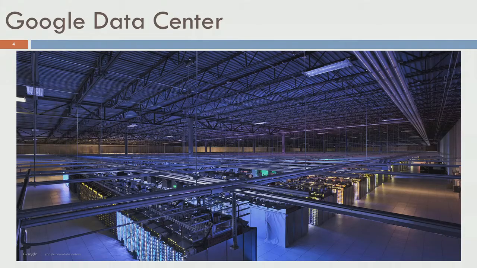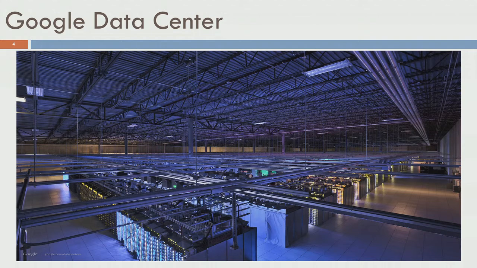So, in 40 or 50 years, computers have moved quite far away from the first notion of a digital computer. In this picture, you can see Google's data center. It is one of the data centers that they have across the world, and what you are seeing is racks and racks of machines crunching data, running algorithms and running programs, various kinds of software that we use on a daily basis.